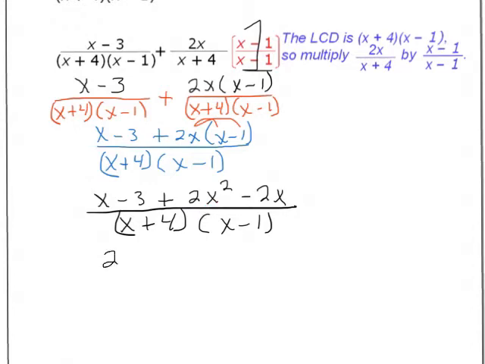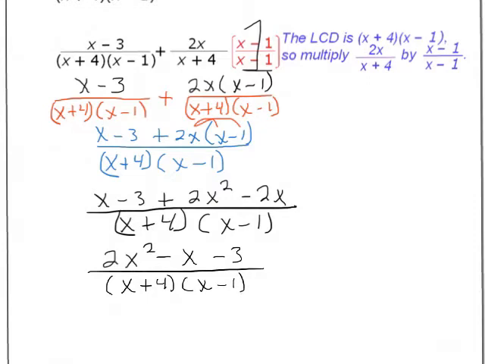That gives me a 2x to the second power, and when I add the negative 2x and the x together, that's going to give me a negative x, minus 3, all over top of x plus 4 and x minus 1.